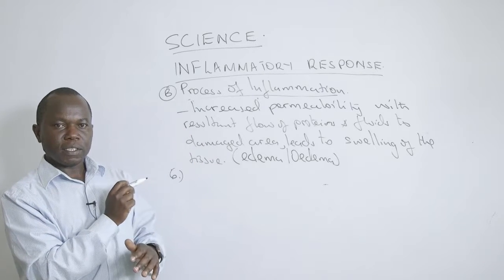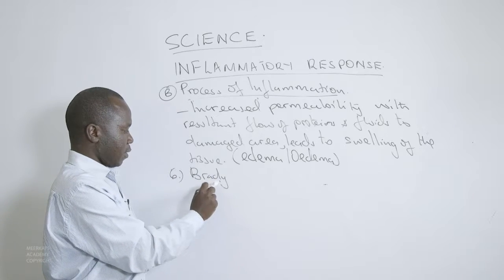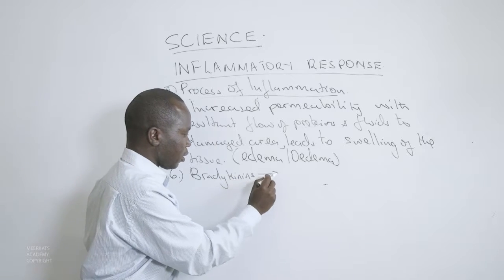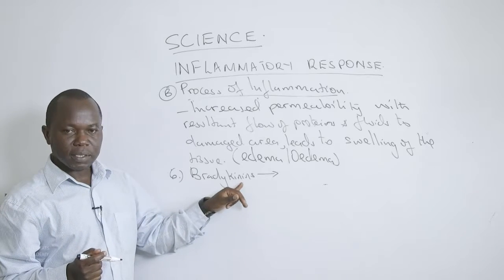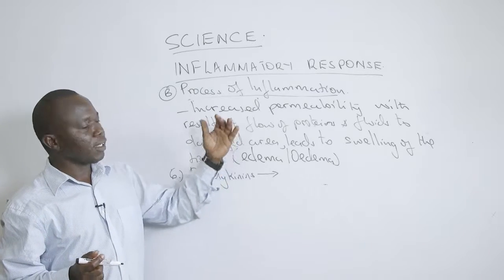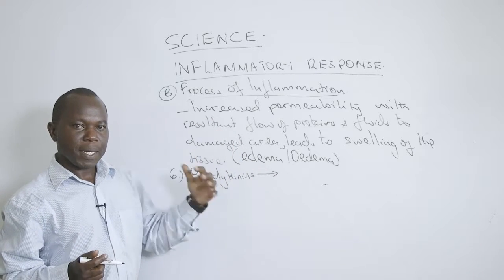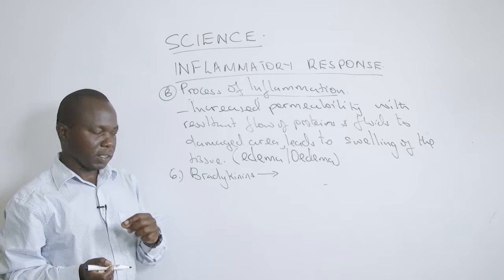And then what about the rest? We have bradykinins. Bradykinins is also a molecular mediator. It also enhances increased permeability and vasodilation, but again it increases sensitivity of nerve endings.